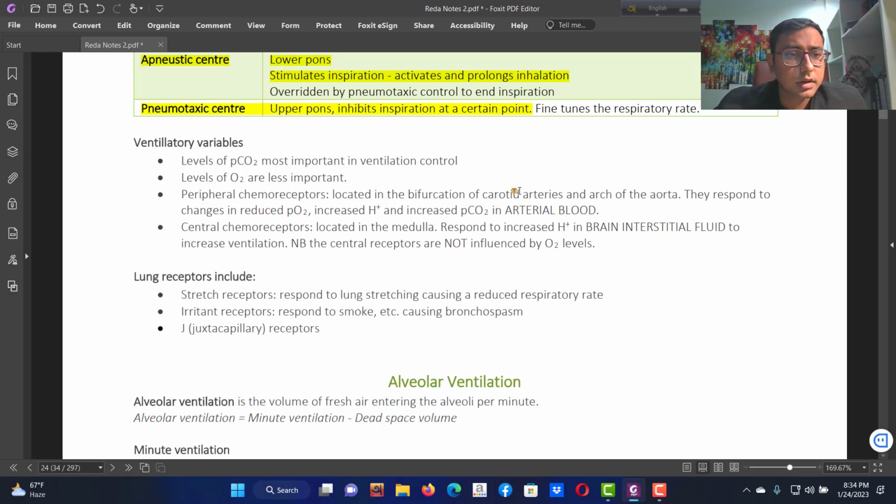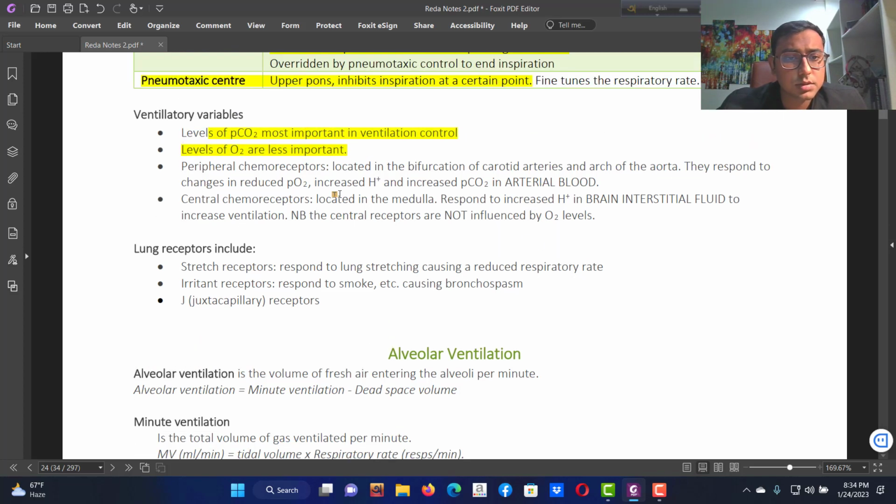Now the ventilatory variables: the levels of PCO2 are most important in ventilation control, and the levels of oxygen are less important. Peripheral chemoreceptors are located in the bifurcation of carotid arteries and arch of aorta. They respond to a reduction in oxygen, an increase in hydrogen, and an increase in partial pressure of CO2 in the arterial blood. So what is the function of chemoreceptors? They are chemically active, so they are closely connected with oxygen and carbon dioxide.